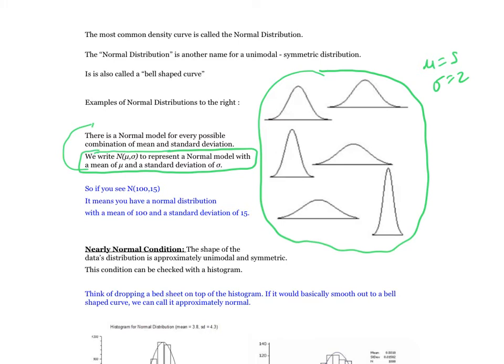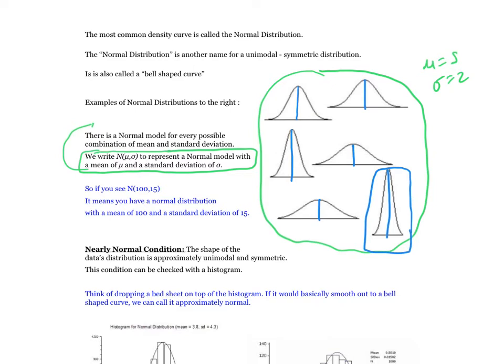And remember, we know where to draw the mean. If you look over here to the right, the mean is always right in the middle of a bell-shaped curve, right? So we know that is right here. And the standard deviation just tells us how wide to make the graph. A small standard deviation might look like this one to the right.